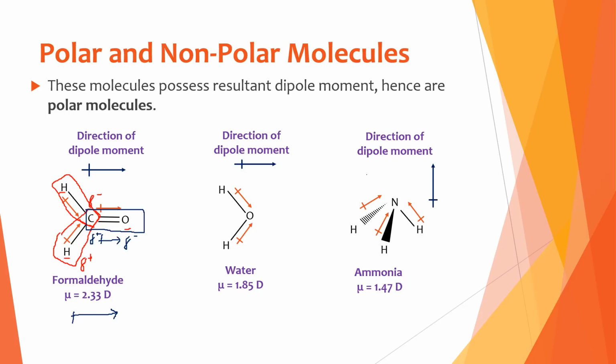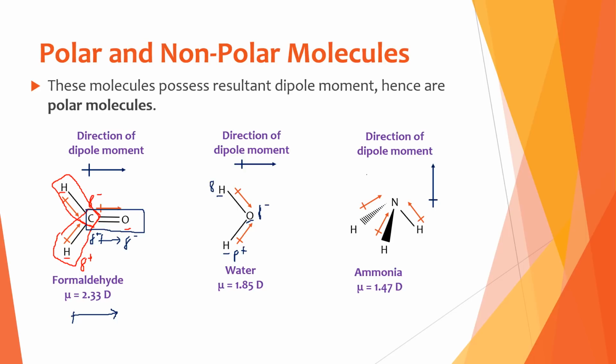Next, for water, the oxygen will become the central atom and the hydrogen will become the side atom. For each bond between hydrogen and oxygen, the bond is a polar bond. This is because oxygen is more electronegative than hydrogen. So the movement of the dipole moment will come from the hydrogen towards the oxygen.